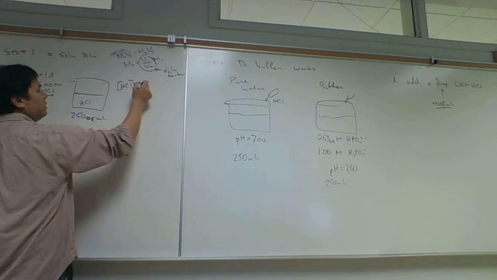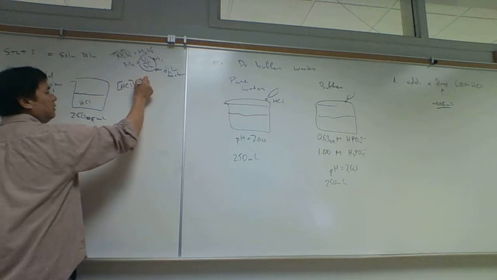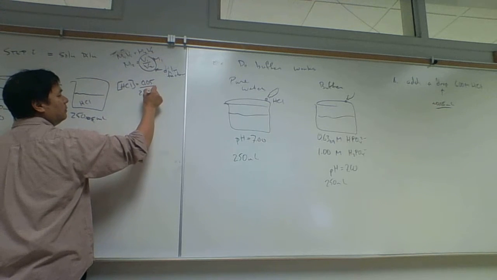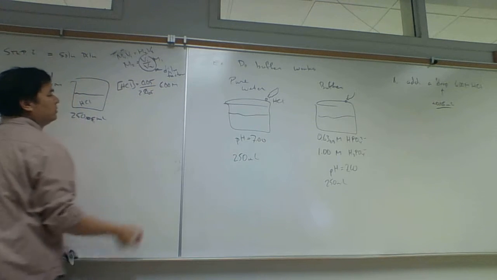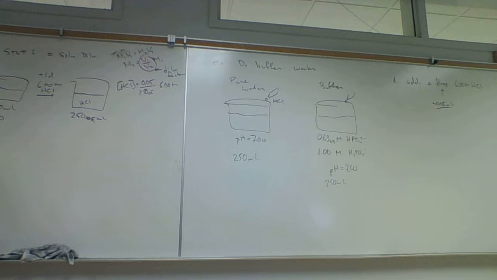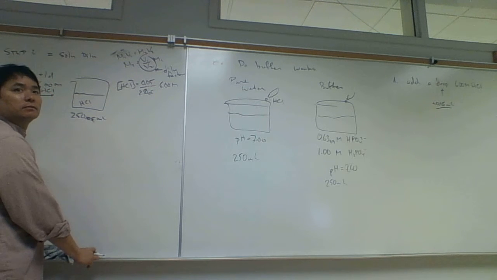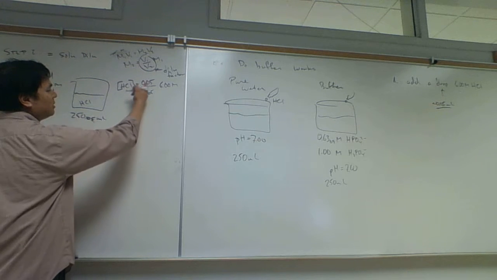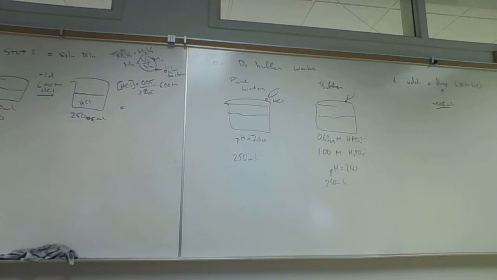Well, for the HCl, we're going from a volume of 0.05 to a new volume of 250.05, times the original concentration, which was 6.00 molar. So this is going to be diluted by a huge factor, roughly 10,000 or so. Anyway, we can do the calculation and figure out what the concentration is.